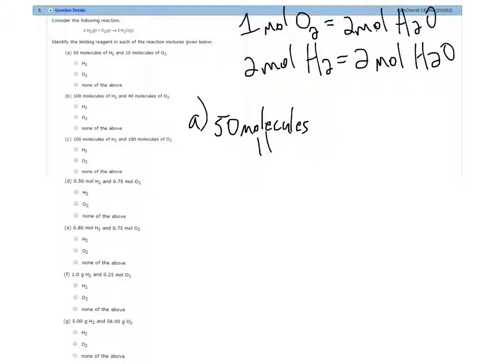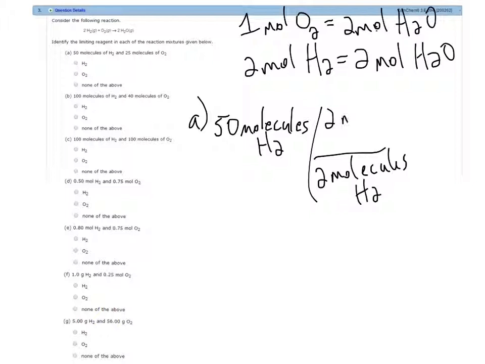So let's say we're going to show work for this. Even if you can do this in your head, it's helpful to show work at first. Because of the coefficients in the equation, I can see that there's a coefficient 2 in front of H2. There's also a coefficient 2 in front of H2O.